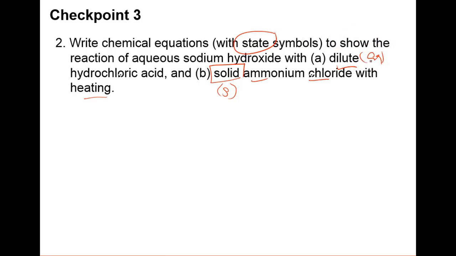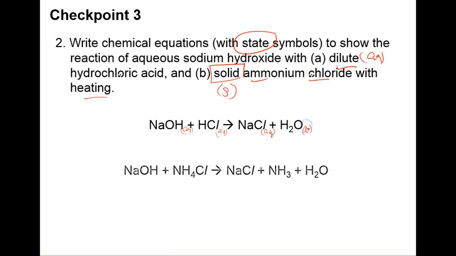So for the first one, we have NaOH with HCl giving us salt and water, and state symbols in. This is aq, this is aq, this is aq, and for water it is liquid. For the next one, we have sodium hydroxide, aq again. This is solid, this is the aq.